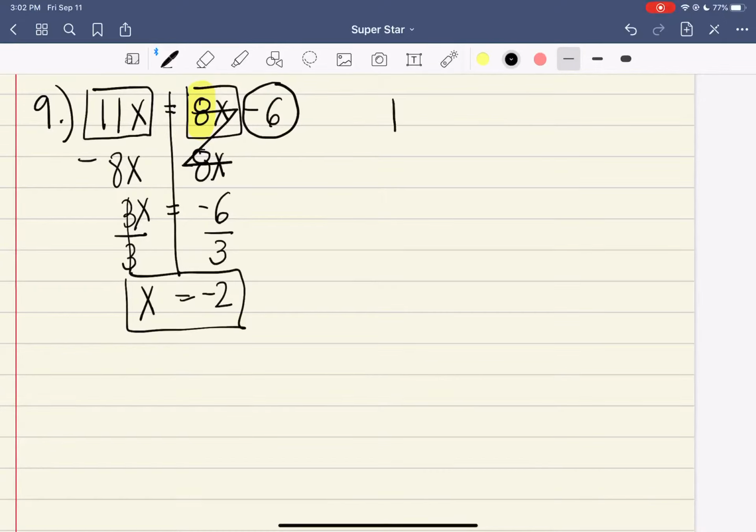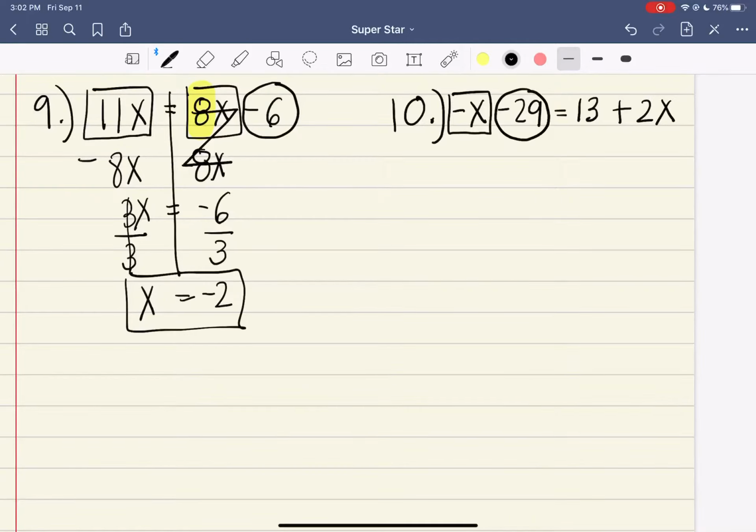Okay, number 10. Negative x minus 29 equals 13 plus 2x. So I'm going to box my variable, circle my constant, draw my line on my equal sign, circle my constant, and box my variable.